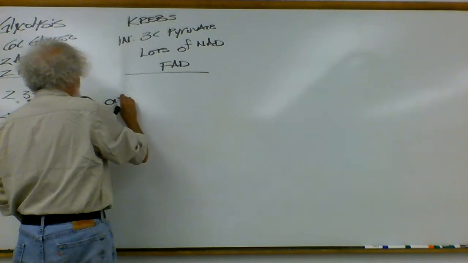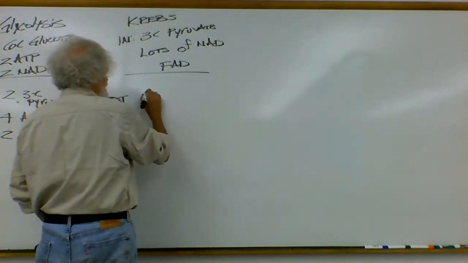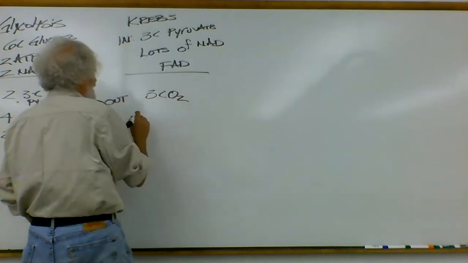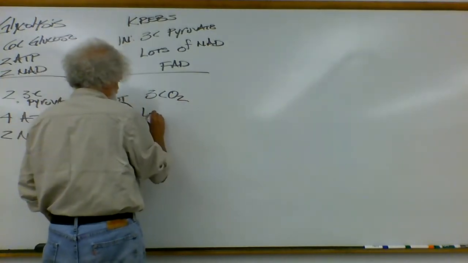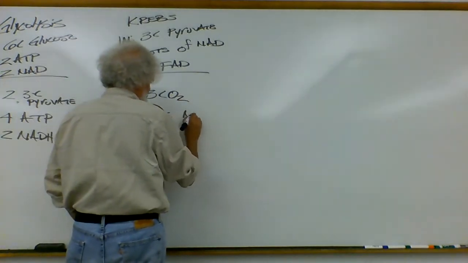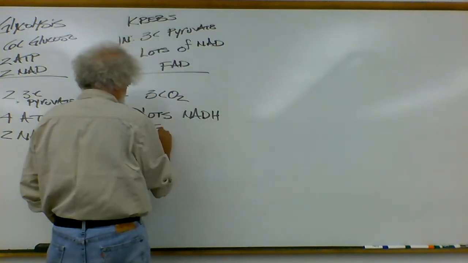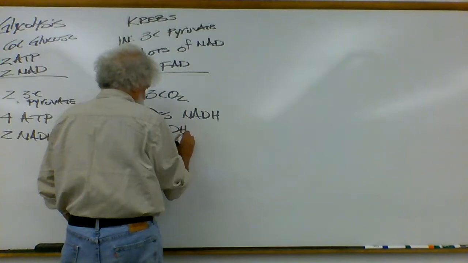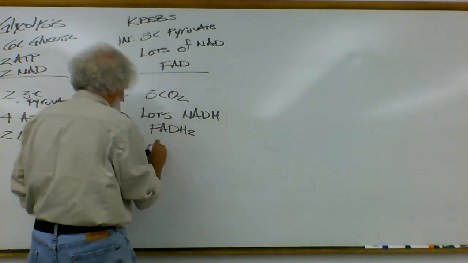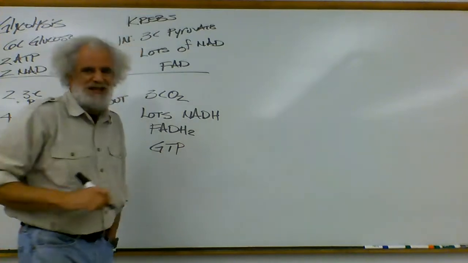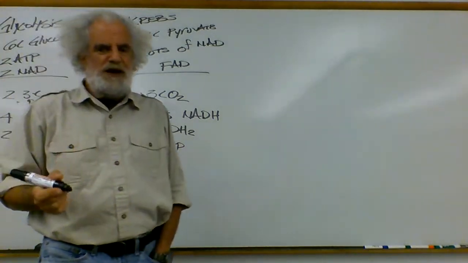And then what comes out is 3 carbon dioxides. We add electrons to all these NADs to generate NADH, and we make an FADH2 molecule, and we make 1 molecule of the nucleotide triphosphate GTP, which we're going to throw into our ATP count.